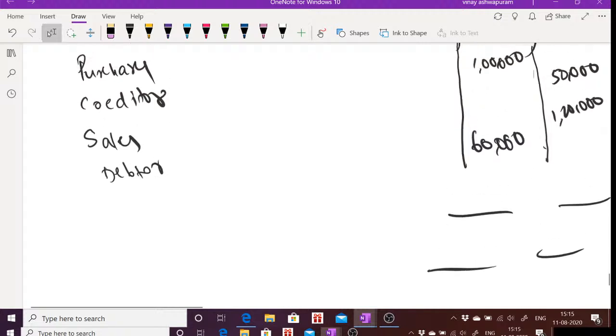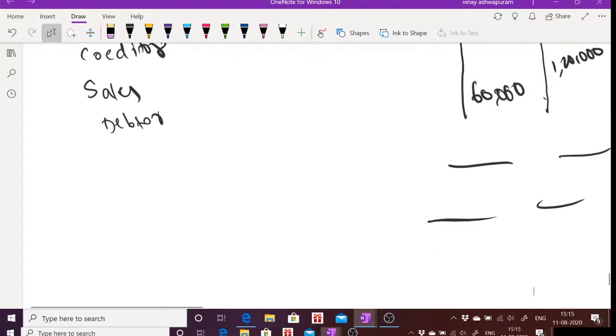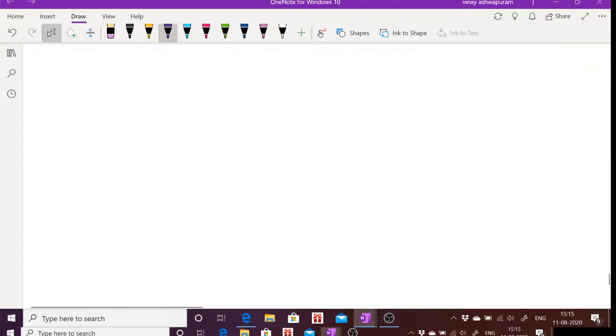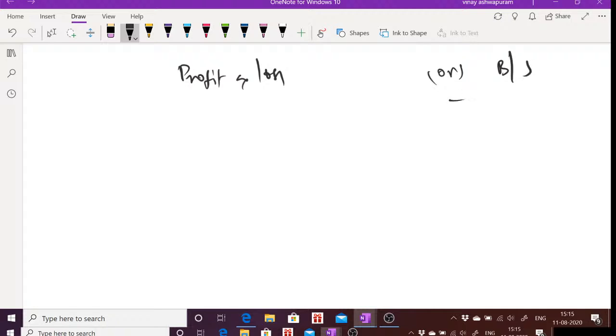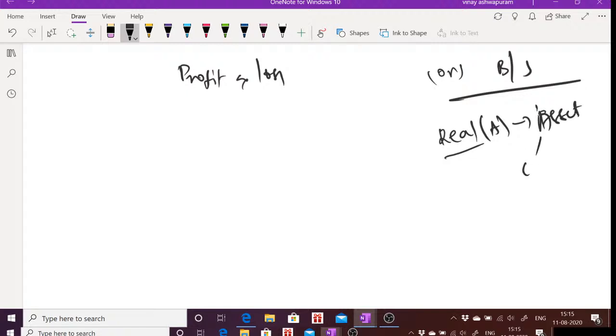So I hope that will become true. Then after this we have to prepare a profit and loss account and a balance sheet. So every real account is an asset. It comes under the asset side, whether it's a current asset or a fixed asset.